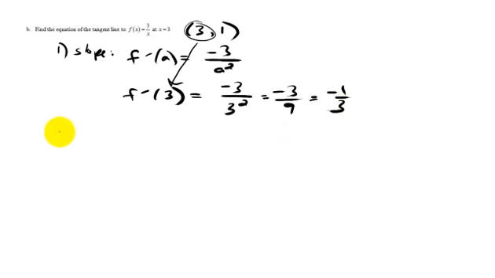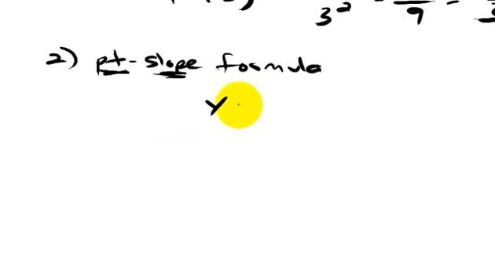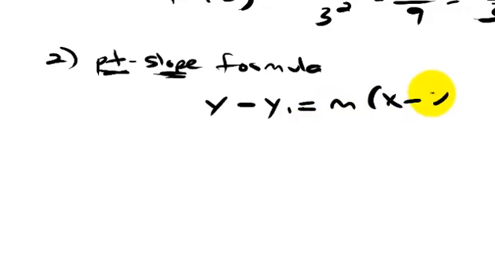Great. Next, I'm going to use the point-slope formula, because I needed a point and I needed a slope. I have both now. That's y minus y1 equals m times x minus x1.